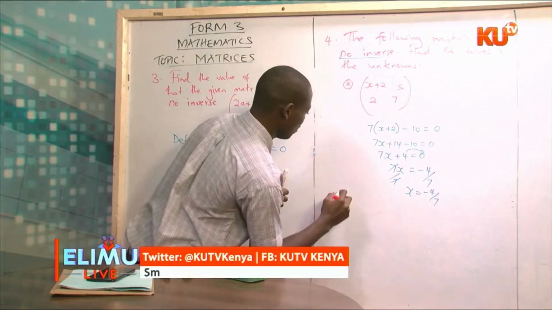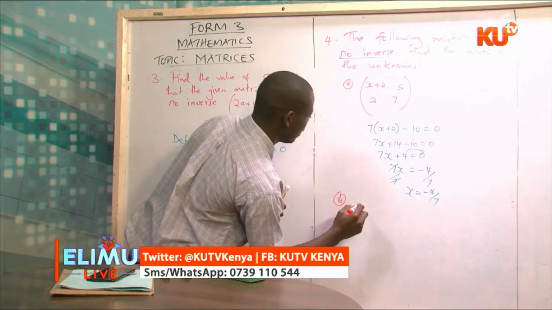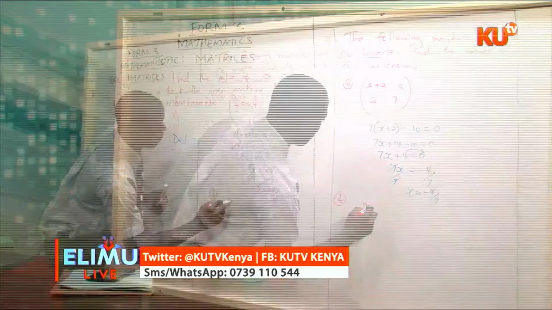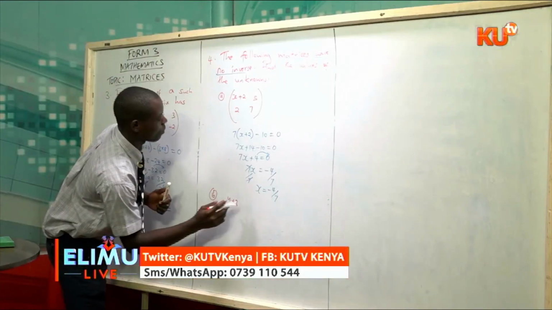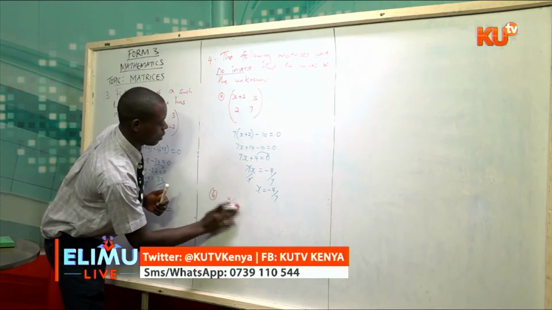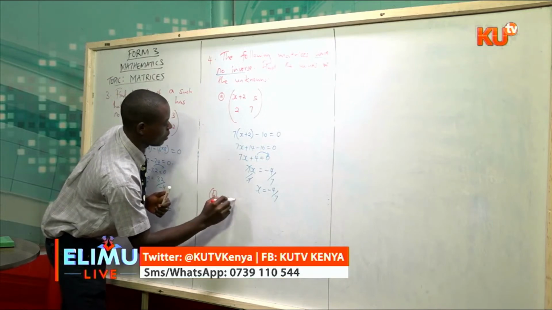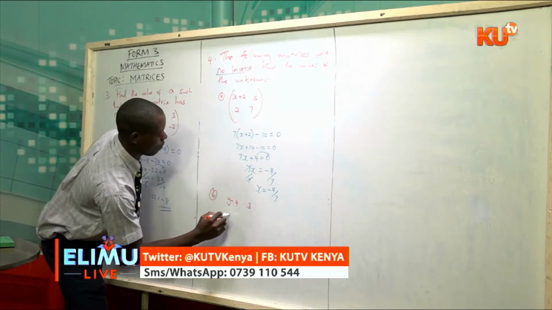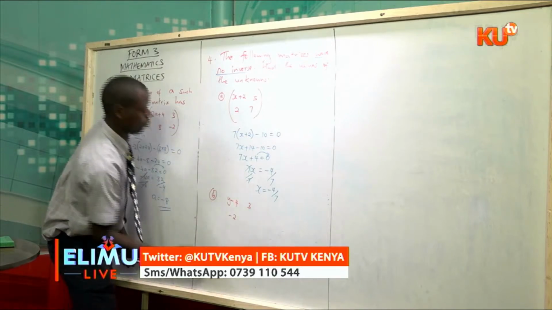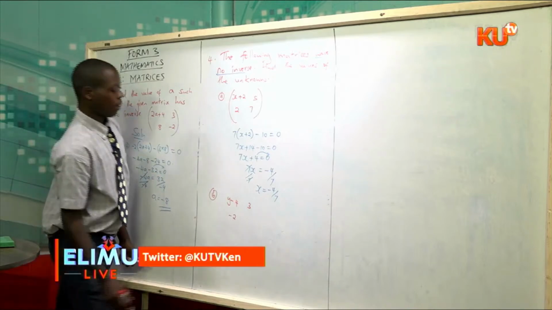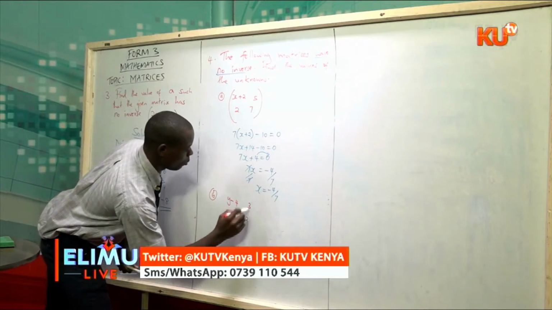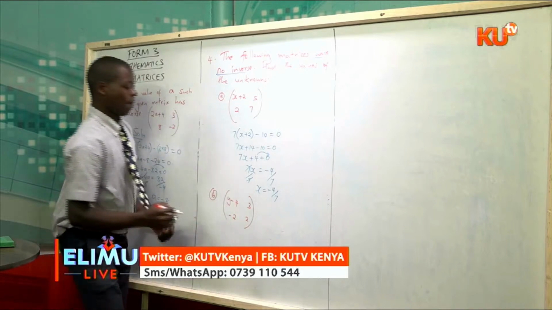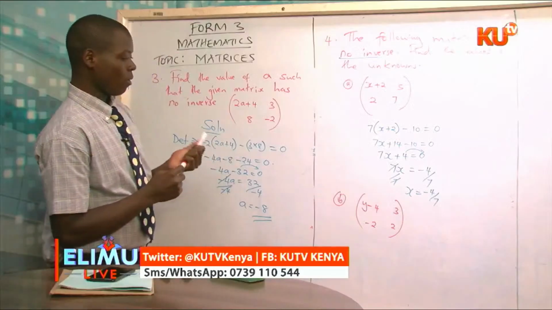Let's look at the second one. Now we have the case for y plus 2, negative y minus 4, and then we have 3 with negative 2, and then we have 2 at this point. So we get the value for y.